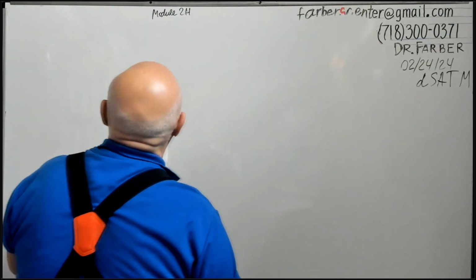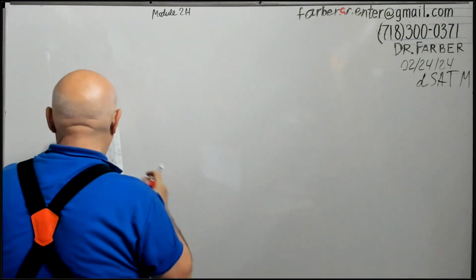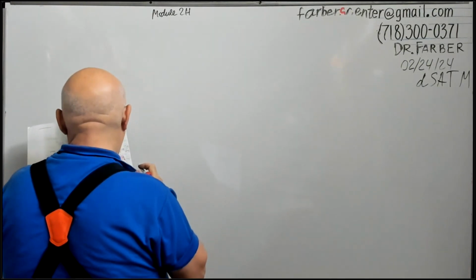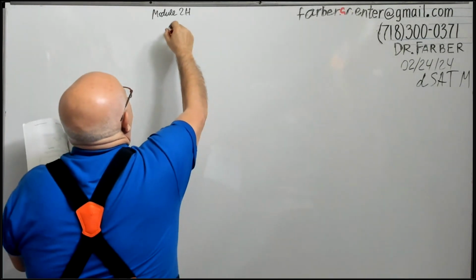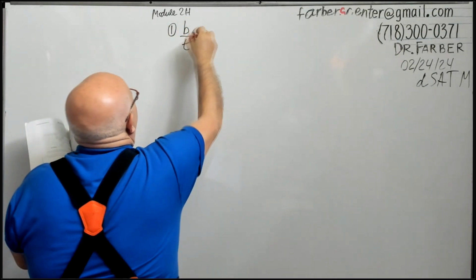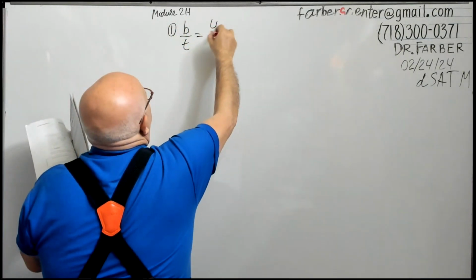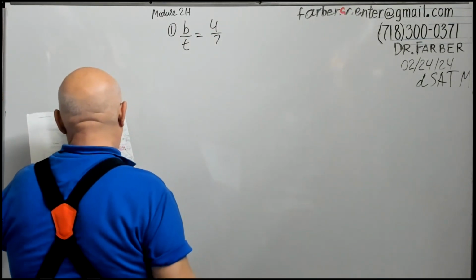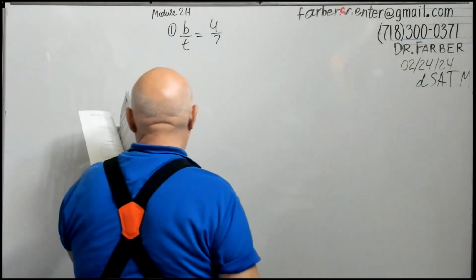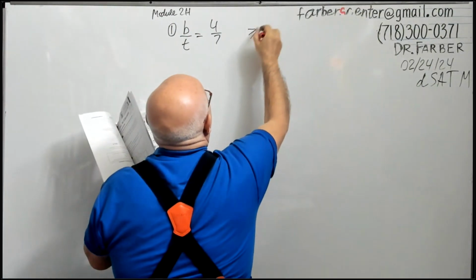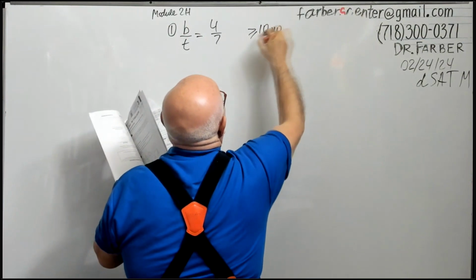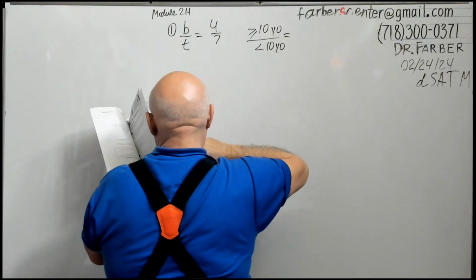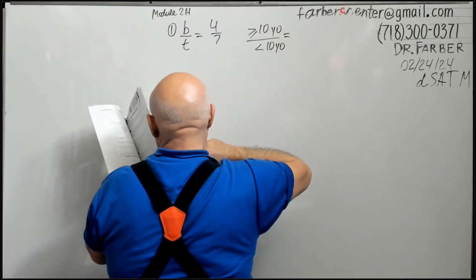Whatever we have, right? As in problem 19. So what we know from this, write down what is given. Boys to total equals 4 over 7. What else do we know? The ratio of students greater than or equal to 10 years old to students less than 10 years old equals 2 to 3.